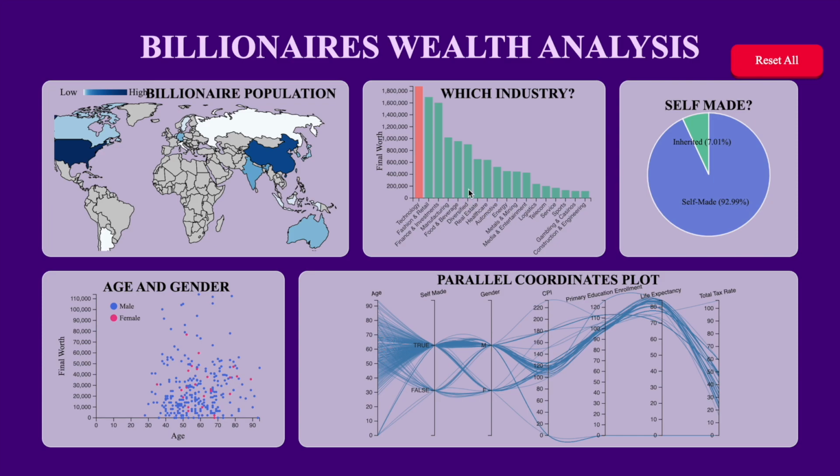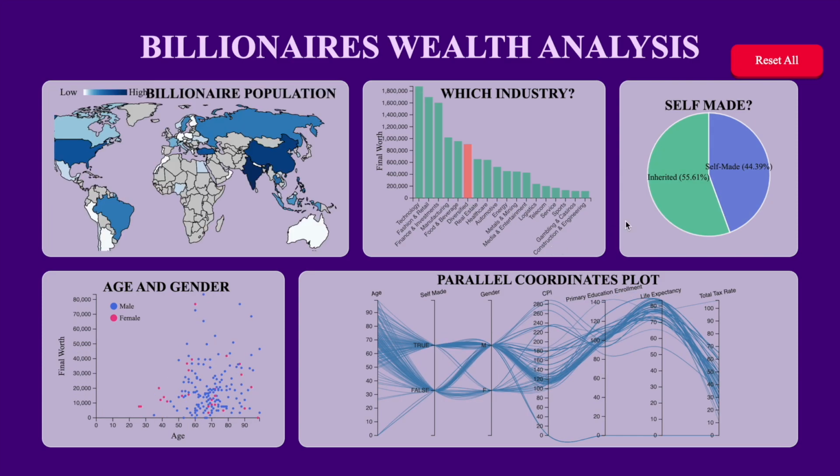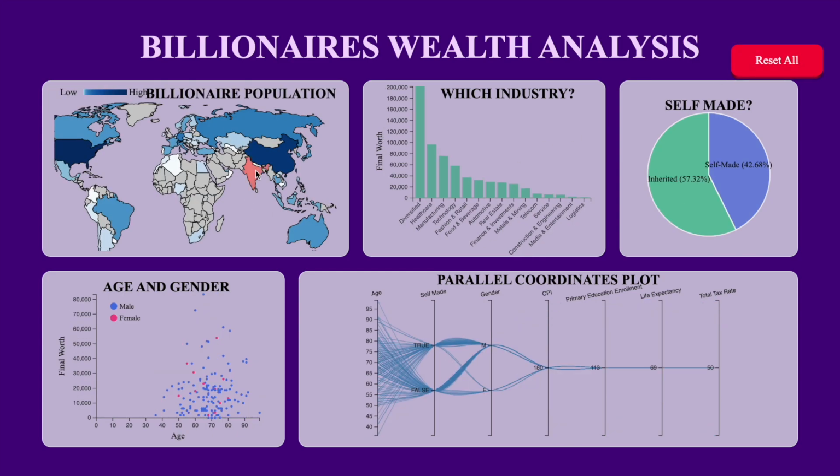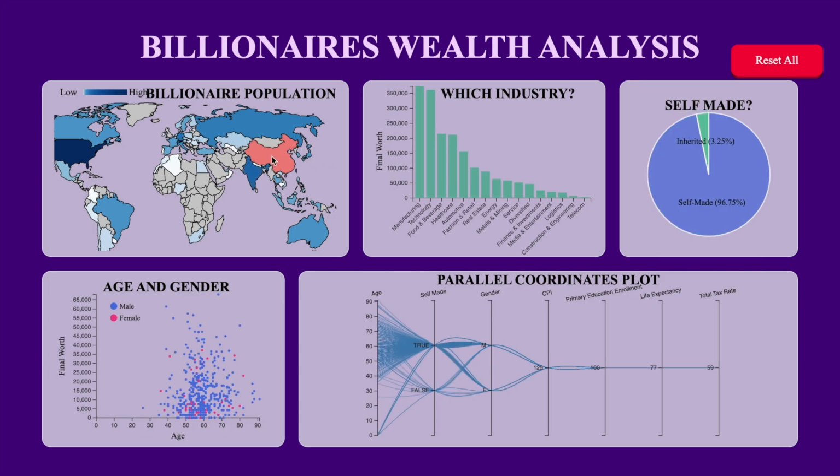In contrast, for diversified, we can see that 55% of the billionaires are inherited. Similar analysis can be done for countries. When we look at India, more billionaires are inherited, whereas for China, the majority of the country's billionaires are self-made.